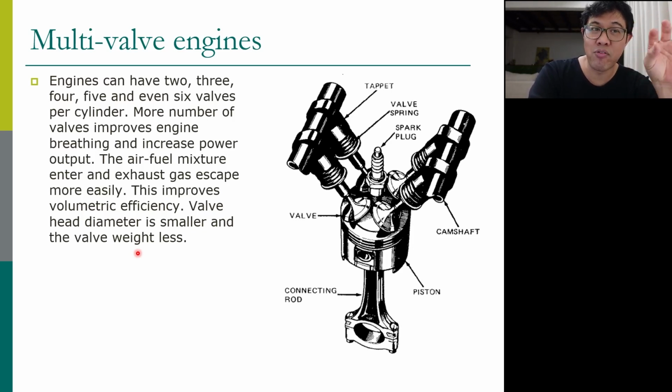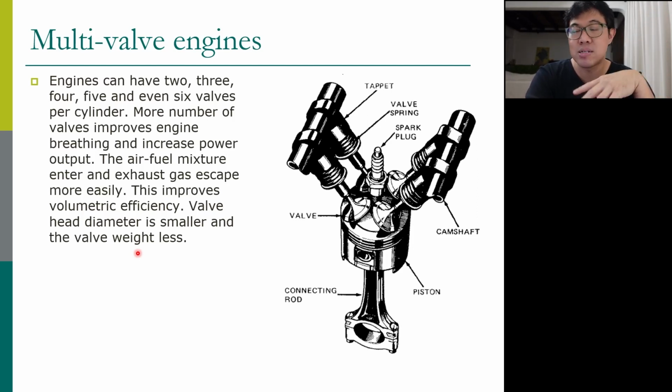The summation of force equals ma, so if m is less you can have a lot of acceleration, which means it moves fast. So we want light valves like that, and therefore now we have two for intake and two for exhaust.